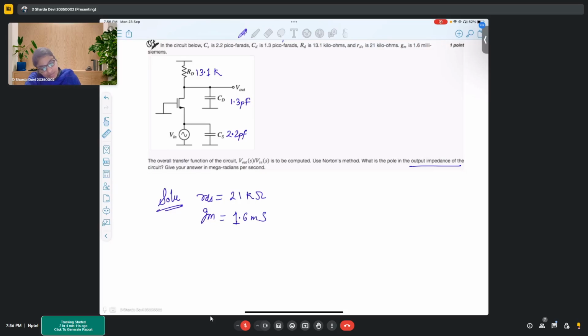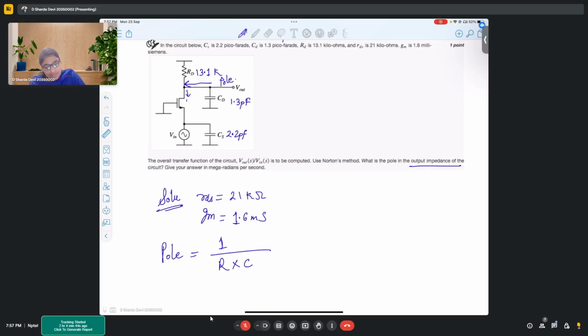Okay. So here the input is coming from this point and this is the output. From here you have to observe the pole, right? So we know how do we write pole? It is 1 upon R into C. So what all are the resistances that you will be looking from this point?